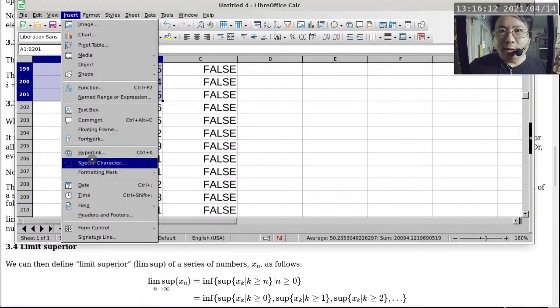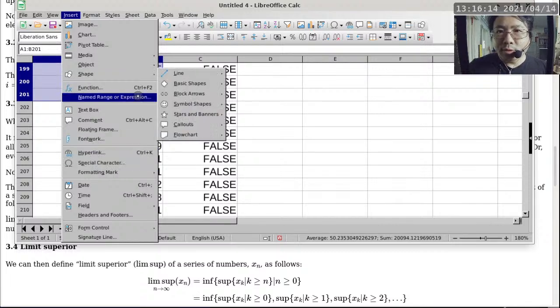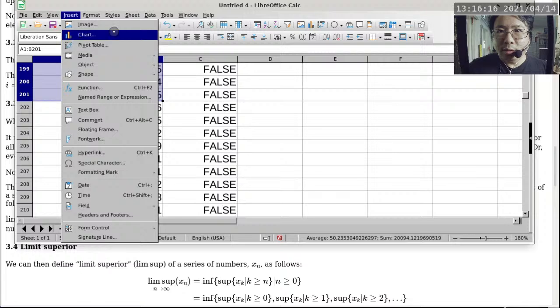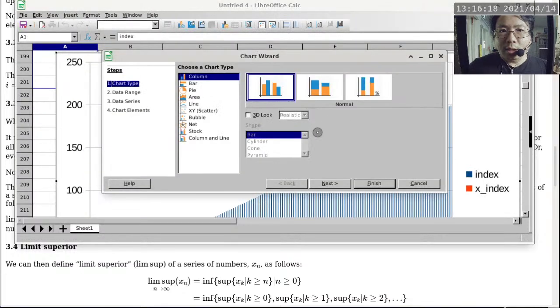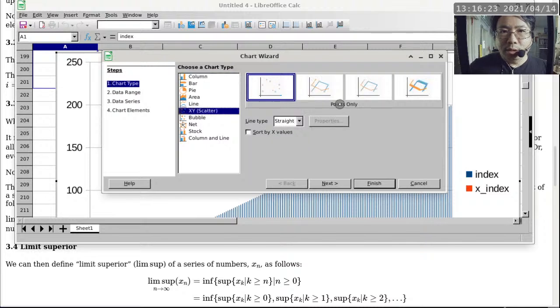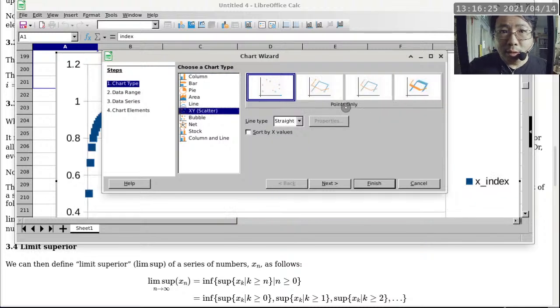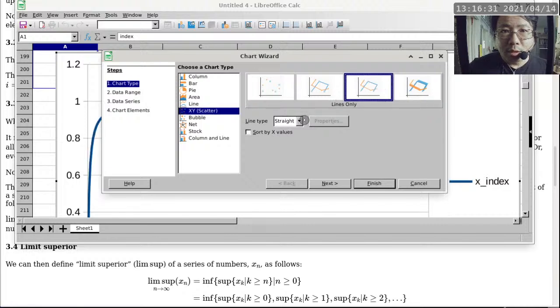So we want to insert a chart. There we go. And we want to make this an XY chart, lines only. Yep, sure. We can make it straight, it doesn't really matter because we have so many points to begin with. So I can make it smooth, sure, and finish.